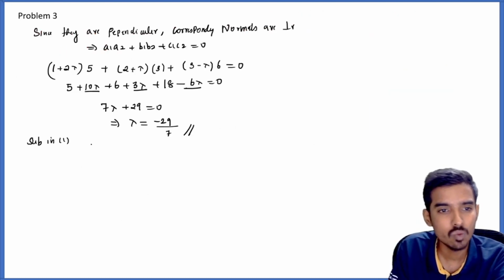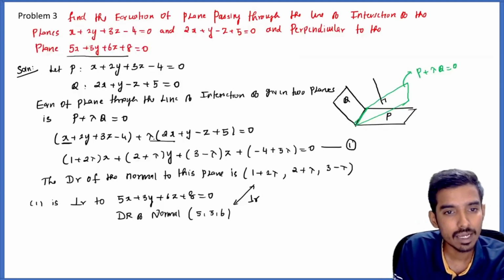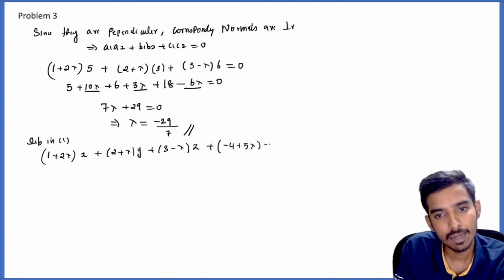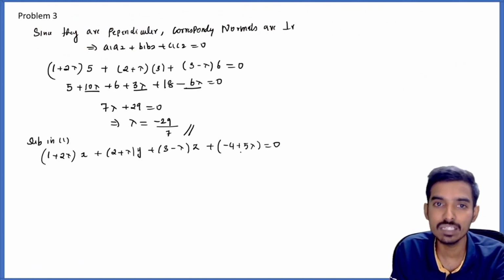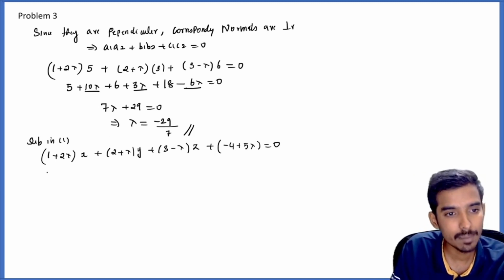So substitute in 1. (1 plus 2 lambda) into x plus (2 plus lambda) into y, (3 minus lambda) into z plus (minus 4 plus 5 lambda) is equal to 0 is the required equation, but we don't know lambda. Now we have found lambda. Substitute it here.